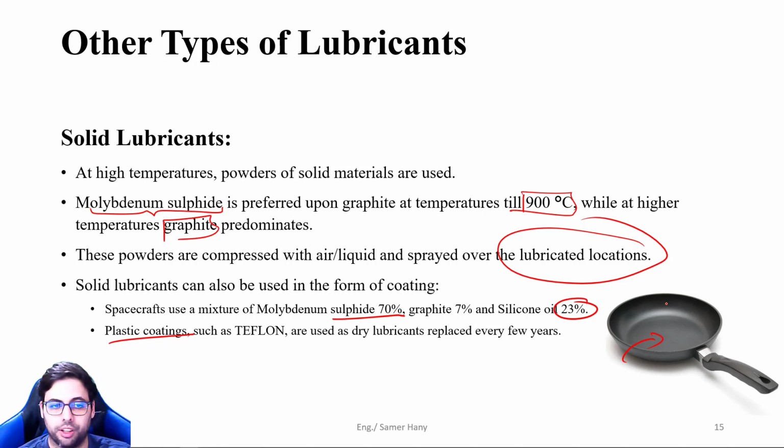It's just that they are more permanent than other solutions. So they will need to be replaced every year or every few years, depending on their expected lifetime in the particular application that we're using them in.